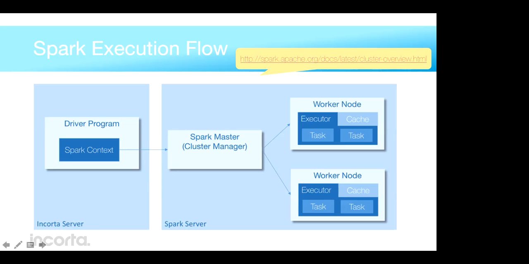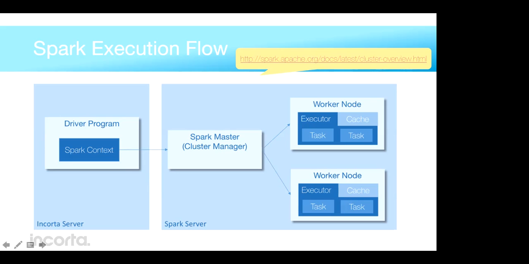So this is the connection to the cluster, and it connects to the master, and your code actually runs here, but the server process runs here. After the job is submitted to the Spark master, it determines which workers will take the job, and the worker will start an executor.